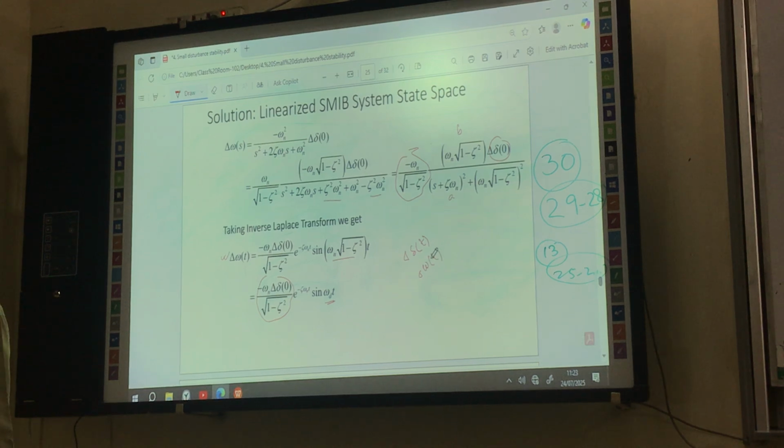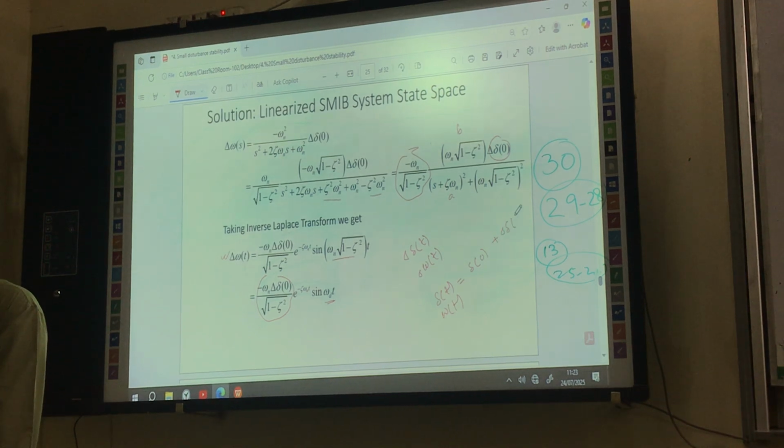Now we have determined del delta of t and del omega of t. Can we go back to delta of t and omega of t from these two values? What should be the relationship between del delta of t and delta of t? It should be delta of 0 plus del delta of t, right?